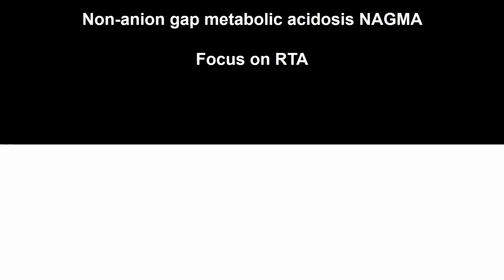All right, for the rest of the talk, we'll focus on the non-anion gap metabolic acidosis, and we'll discuss an approach to renal tubular acidosis, a very commonly discussed condition and frequently tested on the boards as well.